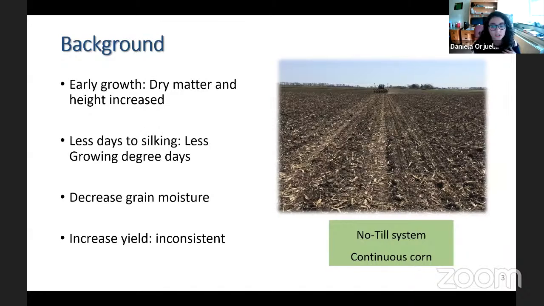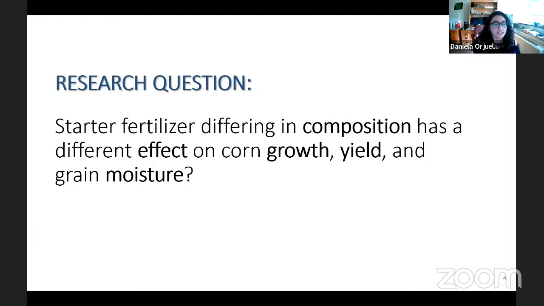So for our conditions, we have a no-till system and continuous corn is our system. So then we go for a research question, and we want to know if a starter fertilizer different in composition, meaning that we have an N, P, and K starter fertilizer, will have a different effect in corn growth, yield, and grain moisture, pretty much, was our main goal.